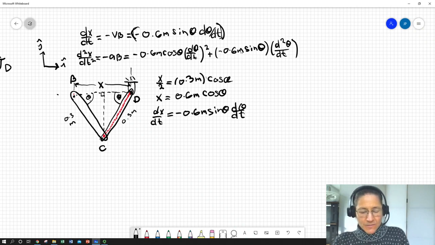Okay. So if we take a look at rod CD, because we got a fixed pivot, I'm just going to say point D is a fixed pivot.